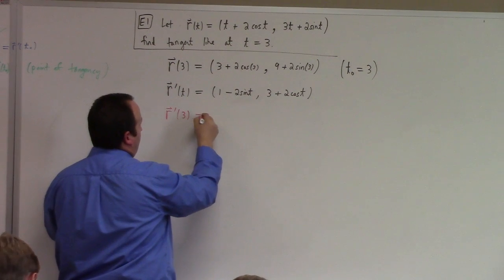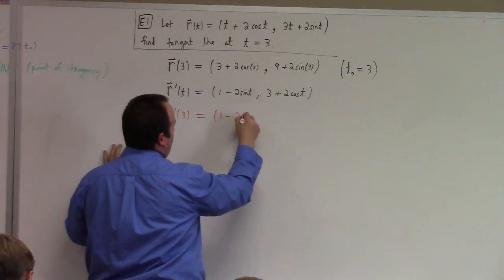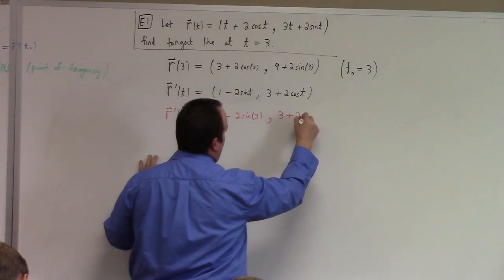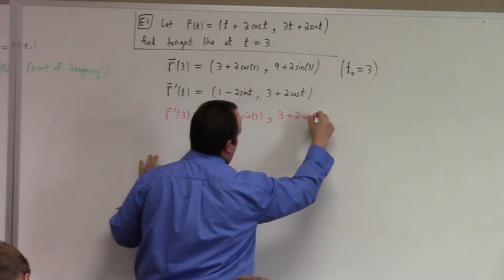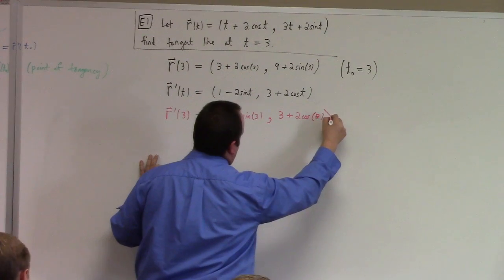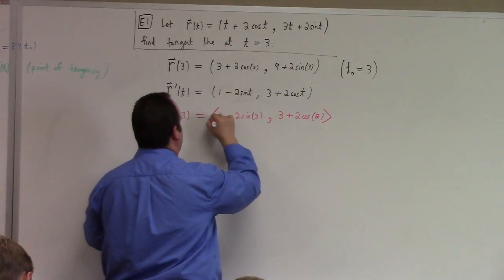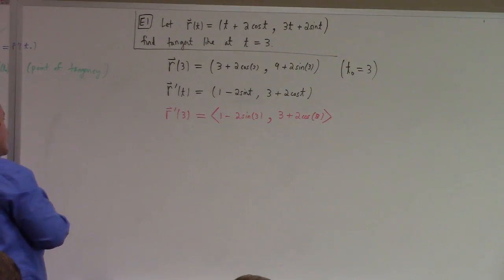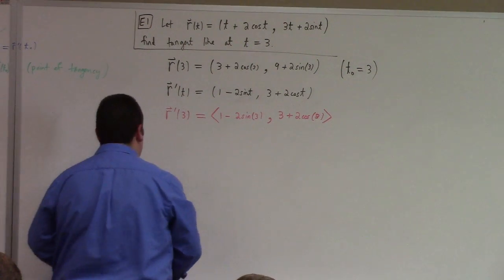So r prime of 3 is 1 minus 2 times the sine of 3, comma, 3 plus 2 cosine of 3. I should put some angle brackets here to emphasize it's a vector. I wouldn't take off points if you didn't. Now I have everything I need.